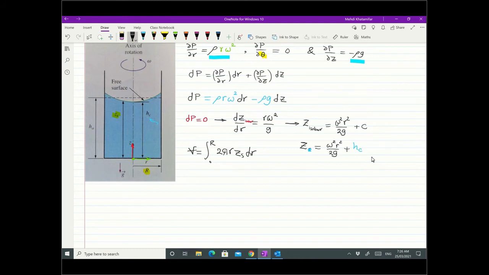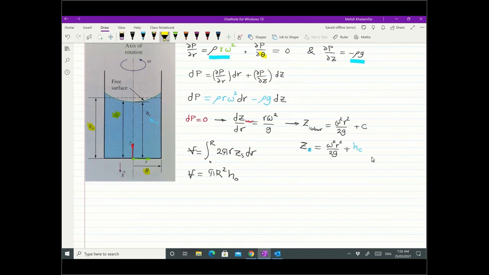And also we know that at the initial condition, when we're not rotating the container, the volume is going to be pi r squared times ho, where ho is the initial height when we're not rotating. So this ho is shown here.